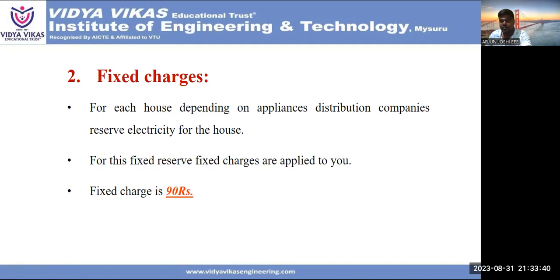What do you mean by fixed charges? Fixed charges is very simple. For each house, depending on appliances, distribution companies are going to reserve the electricity or electric power for the house. Even if they move from one place to another, they will not disturb you, but you need to pay fixed charges, whether you use it or not, because they are going to give the bill.